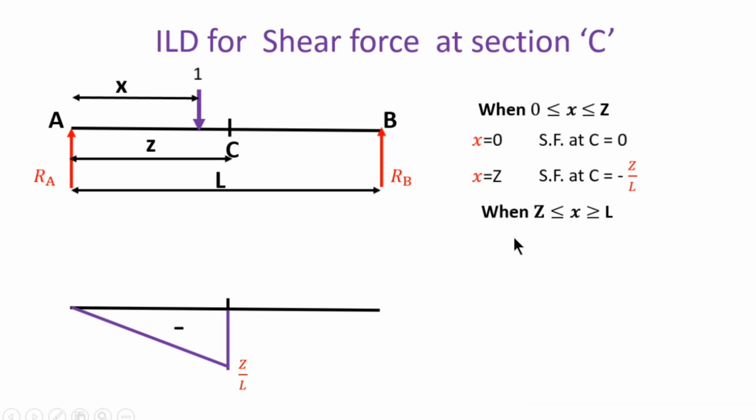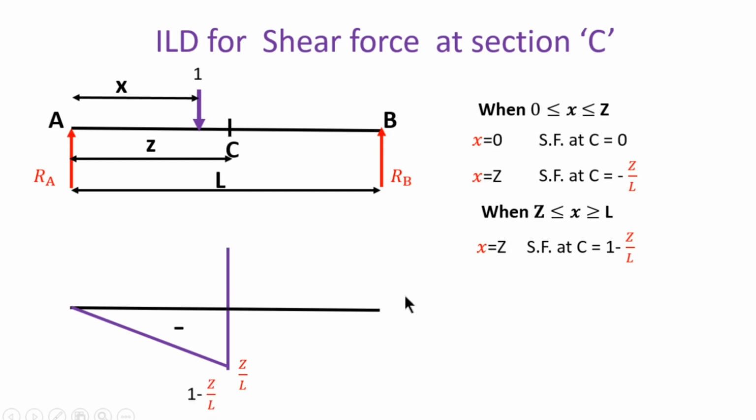Now next is when the load is between C to B, the limit is Z to L. In that case x equal to Z, the shear force is equal to 1 minus Z by L. So this value is positive.